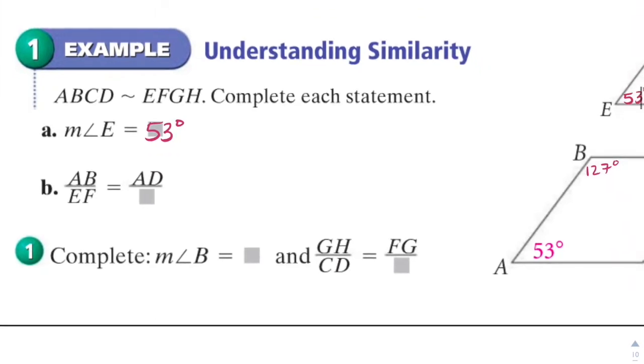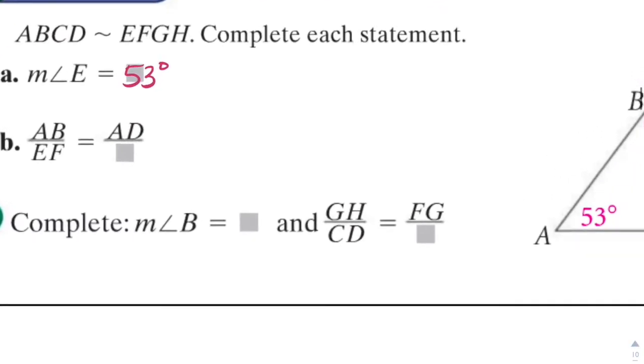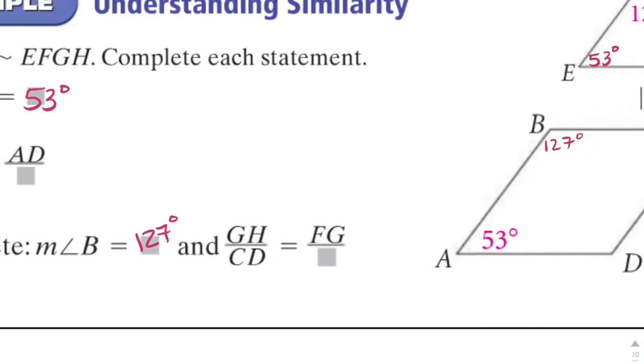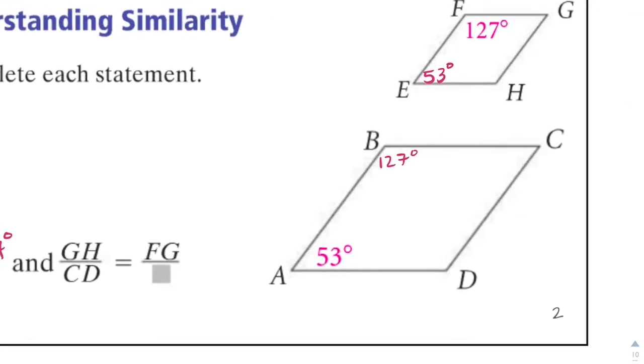We know that angle B is 127 degrees. We don't know if this is a parallelogram. If it was a parallelogram, we would know that angle H would be 127, this angle here, and angle D would be 127. We would also know that angle C would be 53 and angle G would be 53.